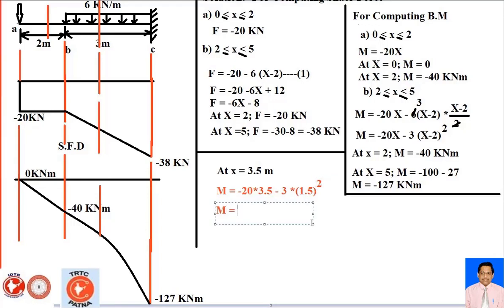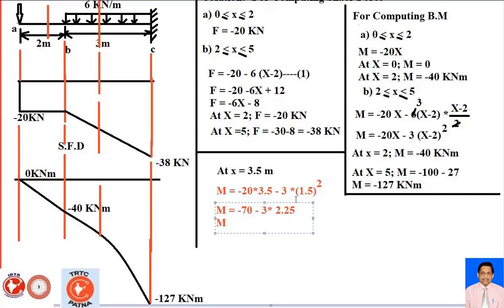So moment will be equal to minus 20 times 3.5, which is minus 70, then minus 3 times 2.25, that is minus 6.75.